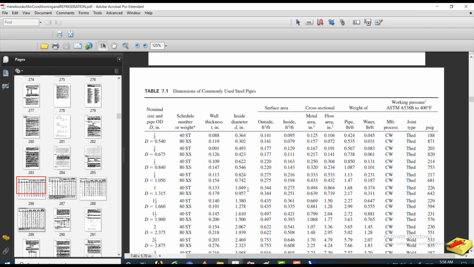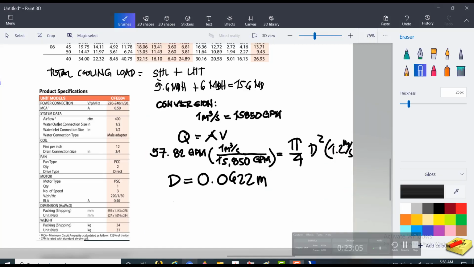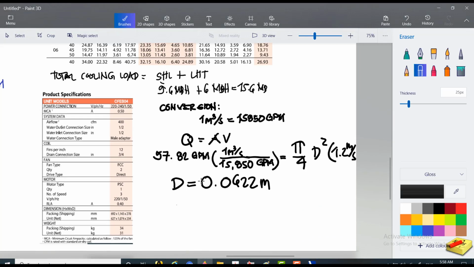Okay, so that will be the inside diameter ng tubo natin na pwede natin we can use. So let's try to use that 1.049 inch diameter, to determine what will be the velocity. So this is by means of trial and error.